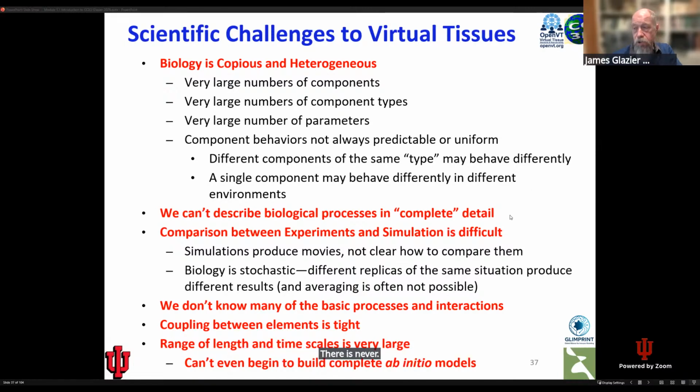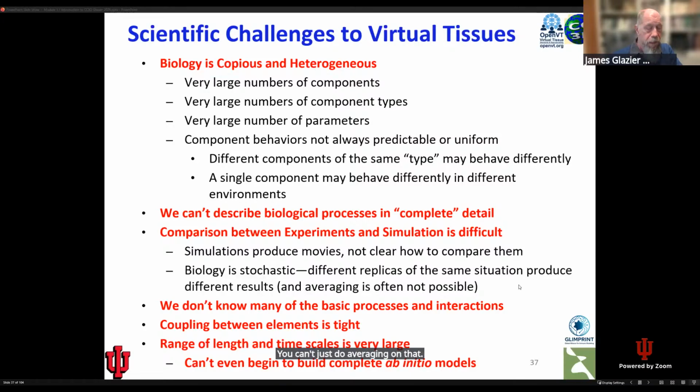We're always phenomenological. And comparison between experiment and simulation isn't always obvious. If the simulation produces a movie, how do you compare the movies? Biology is stochastic. You never get the same thing twice. Different replicas produce different results. You can't just do averaging on that.